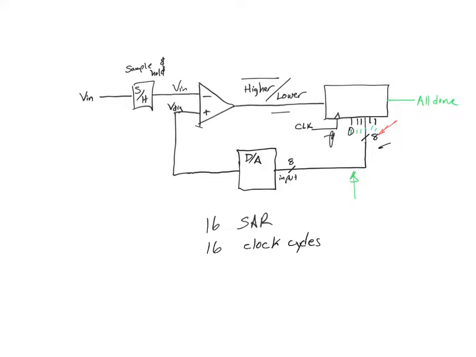That can be fairly fast. So that's why this is a fairly fast thing. It's fairly precise. It's not as hard as the flash ADC to do a fair number of bits. So it's a nice compromise between the two. Those are the kinds of A to Ds that you're going to be looking at.